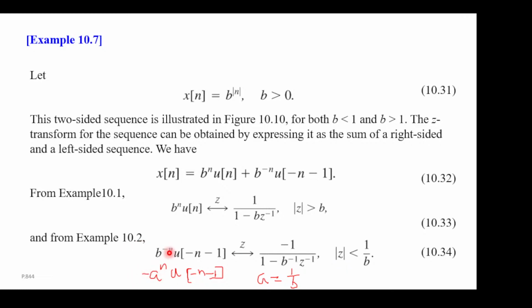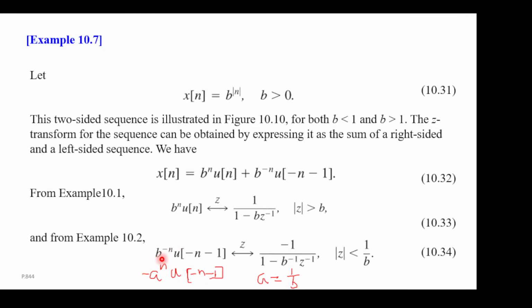There is a negative sign here, and also a difference: we had a to the n, but here we have b to the minus n. So actually we should take a equal to 1/b. So you get minus 1 over 1 minus b to the minus 1 z to the minus 1. You have a minus 1 because you have an extra negative sign here.